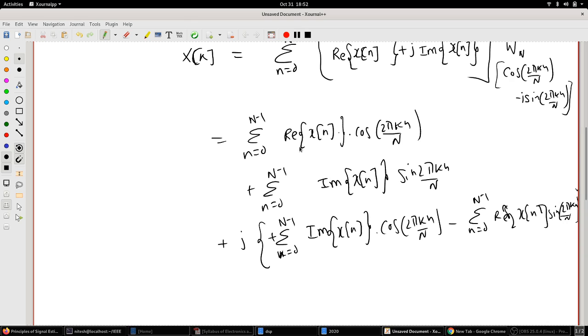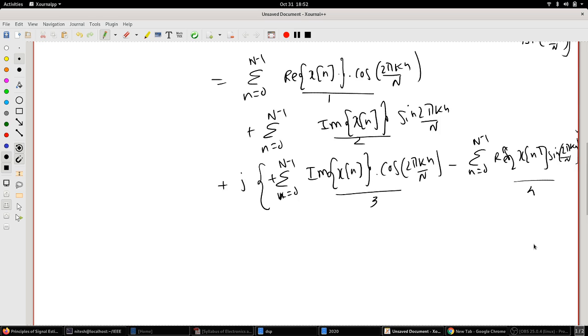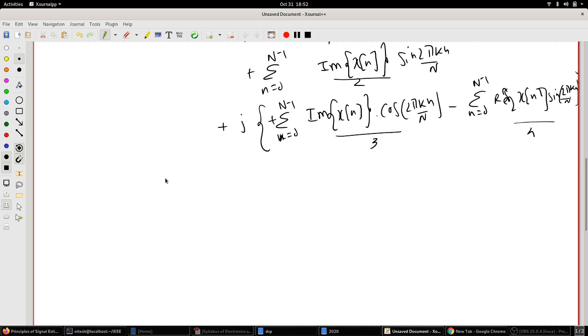So if you see, this is one multiplication, this is second, this is third, and this is fourth. So you have 4 multiplications happening in one iteration of n.